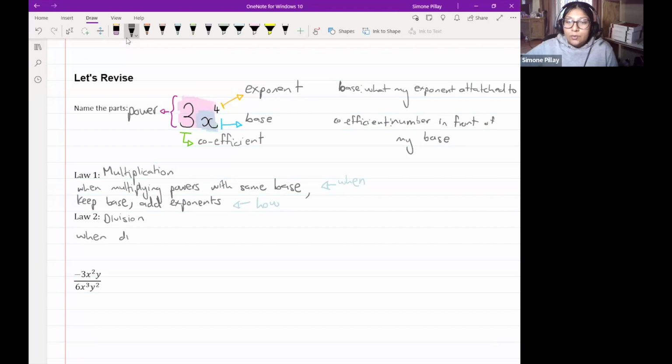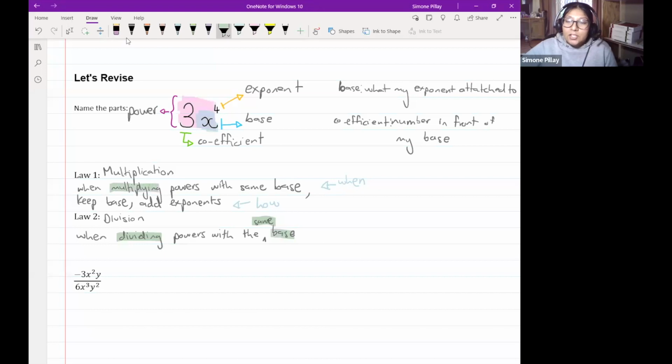So when we are dividing powers with the same base, again, what was my criteria of when I can use it? I need to have division and I need to have the same base.